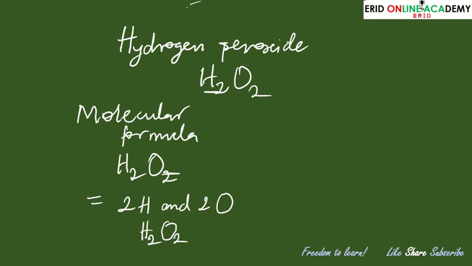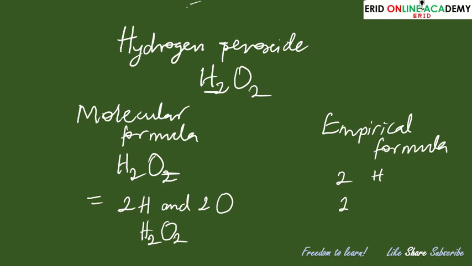Now, discussing its empirical formula, we want to show the simplest ratio in which hydrogen is present with respect to oxygen. We have 2 hydrogen atoms and we also have 2 oxygen atoms.